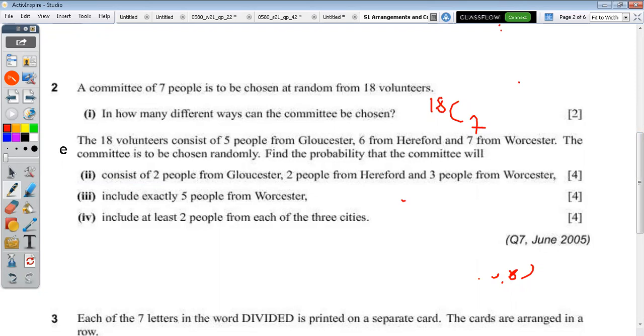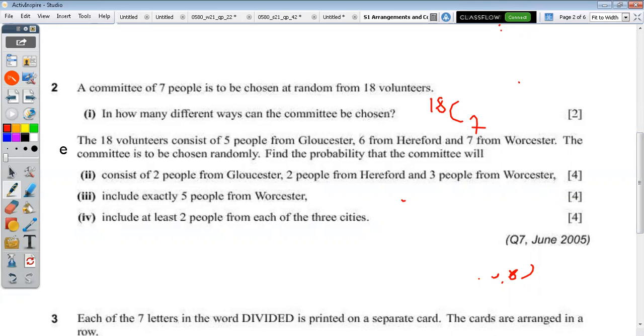Okay, well, there's 7. Okay, so it'll be... Okay, well, so they're the committee of 7, so it's going to be... people is to be chosen.